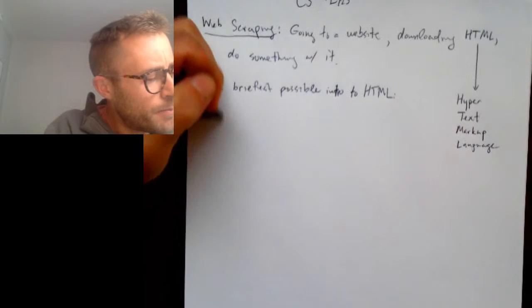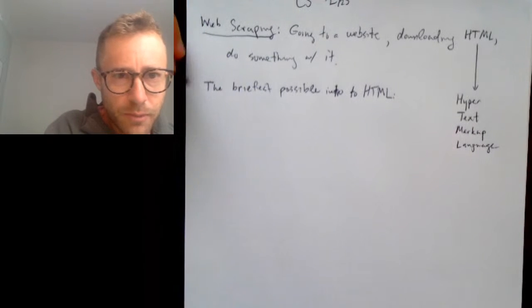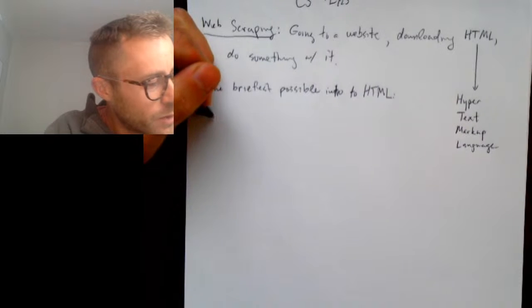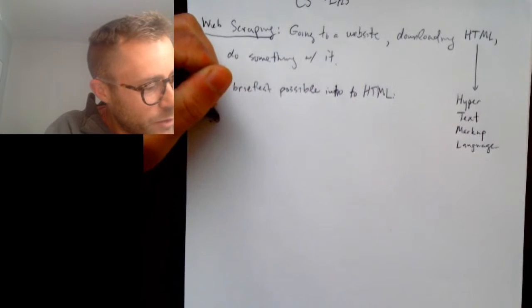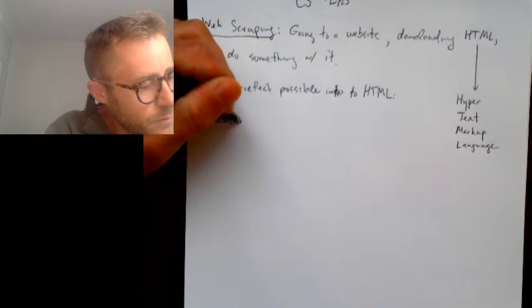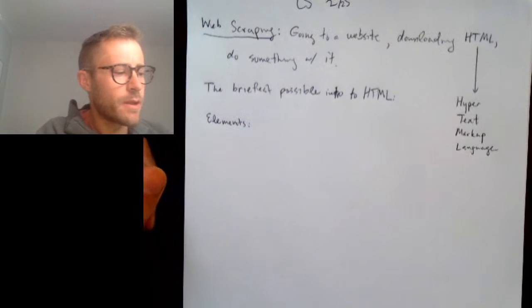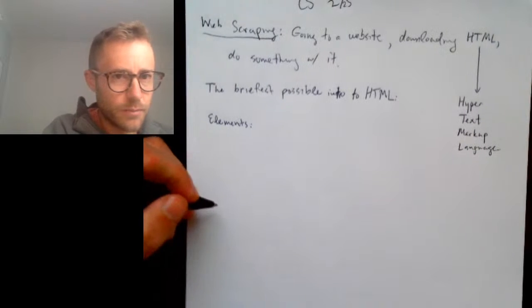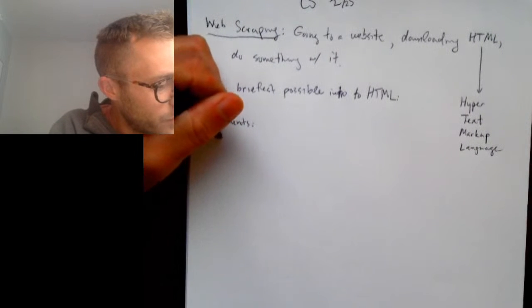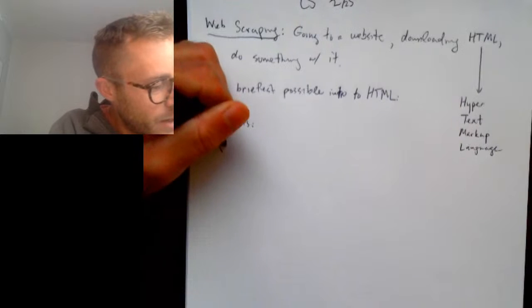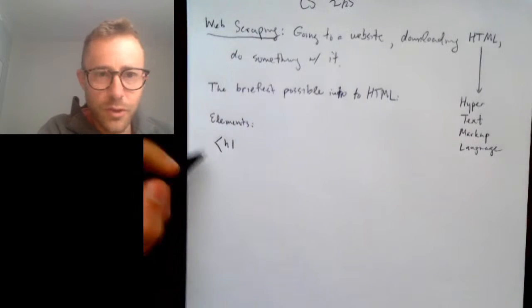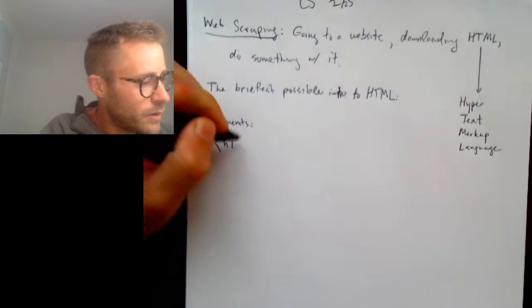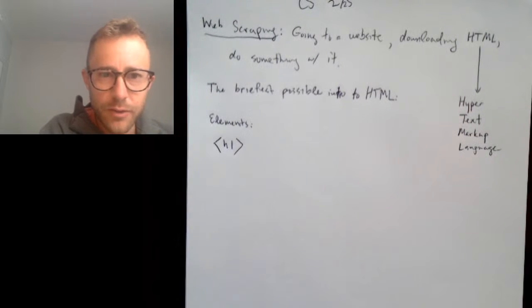So you have, for example, what are called elements in HTML. And so some common elements are, for example, you could have the element H1. And so that element is put in angle brackets.